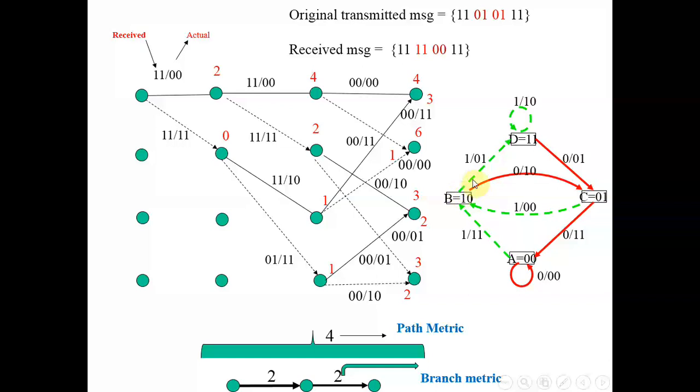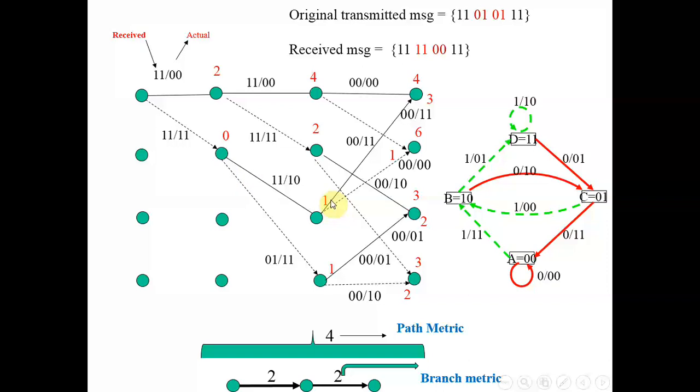If I go from B to D, my output expected is 0 1. So if I go from this to this, my expected output is 1 0, but what I am receiving now is 1 1. So how many bits are in error? There is a difference of 1 bit. So my branch count of error is 1, but as I am coming from this point here, my total count from this point to this point is 1, because this to this is 0 error, this to this is 1 bit error.